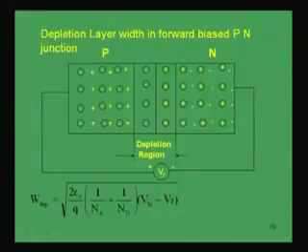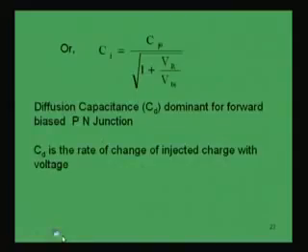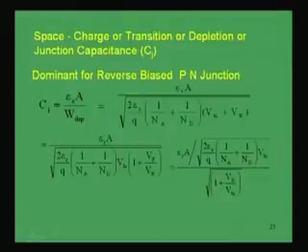It is given by C equals epsilon S times A divided by W depletion, where epsilon S is the permittivity of silicon, A is the cross-sectional area of the junction, which is perpendicular to the plane of the paper, and W depletion is the depletion layer width.